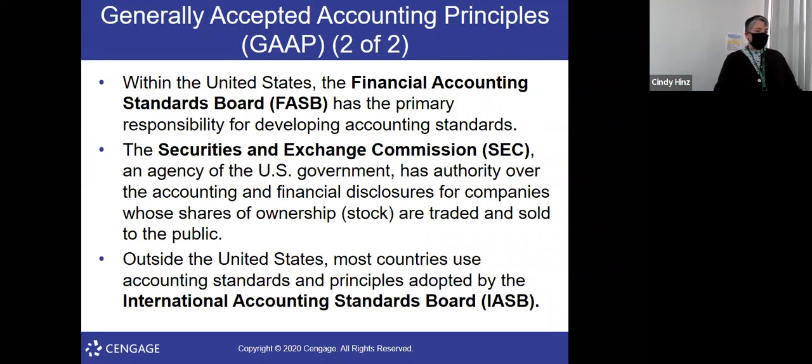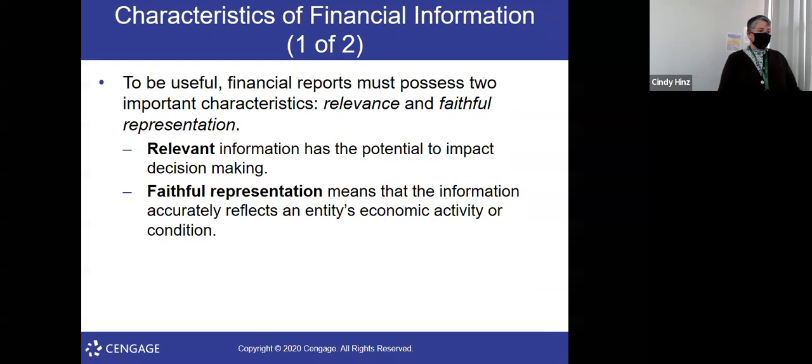And so their job is to make sure that the information that's being put out by publicly traded companies is reliable and accurate. If you wanted to go public, the SEC would have to give permission for that, along with the state in which you are incorporating needs to give permission for that incorporation. They need to approve it.